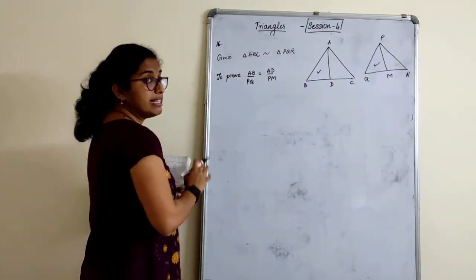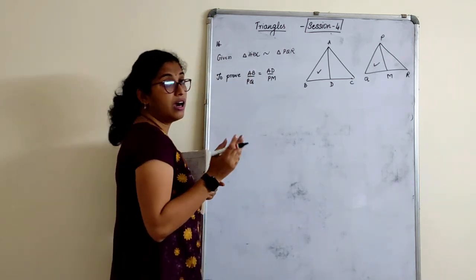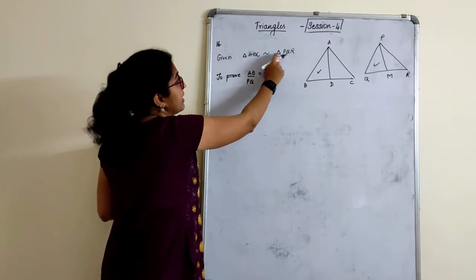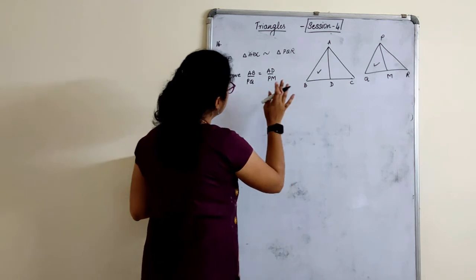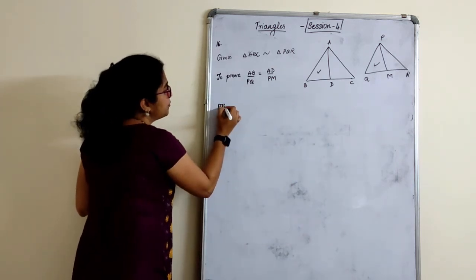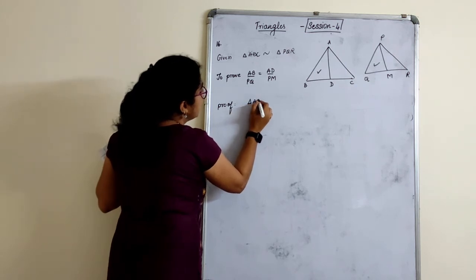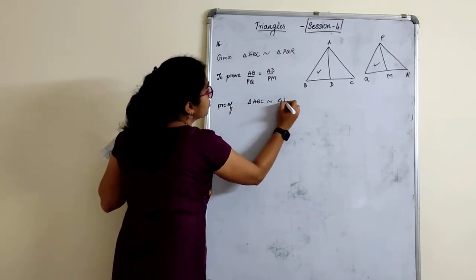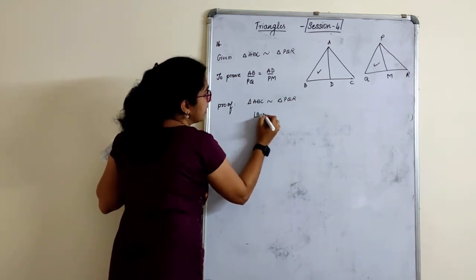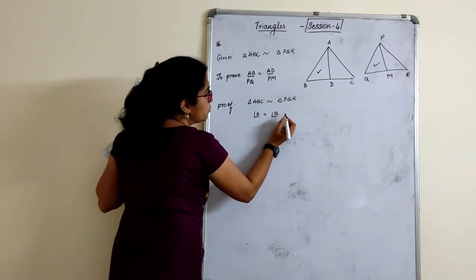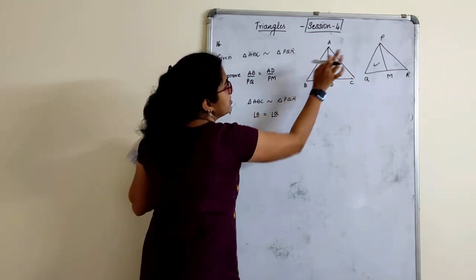Now when I choose these two triangles for similarity, first of all see here what you can get, how you can prove this. They have given that these two triangles are similar. Since these two triangles are similar, we'll do it. See here, proof. First we will write triangle ABC is similar to triangle PQR. Now since it is similar, can I tell angle B is equal to angle Q? Only whatever I want I will write here, because this part comes in these two triangles.